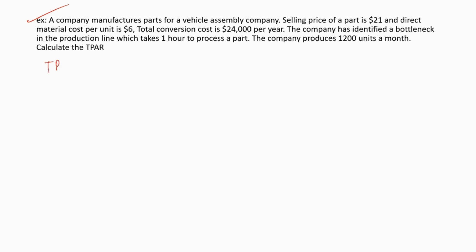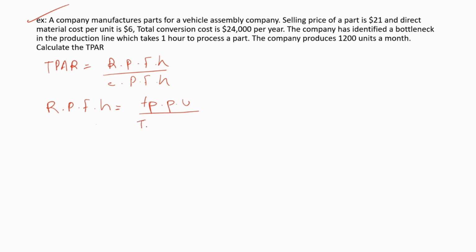So the throughput accounting ratio is equal to return per factory hour divided by cost per factory hour. Return per factory hour is equal to throughput per unit divided by the time per unit on bottleneck resource. Throughput per unit is selling price per unit minus direct material cost per unit, which is 21 minus 6.